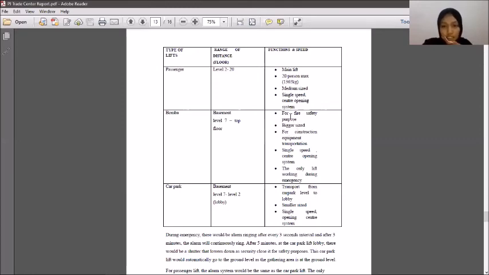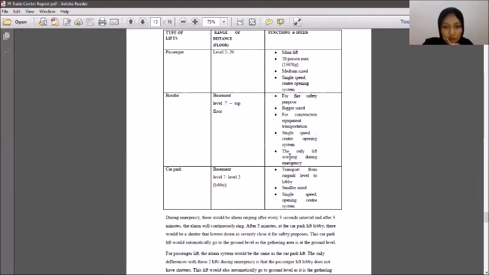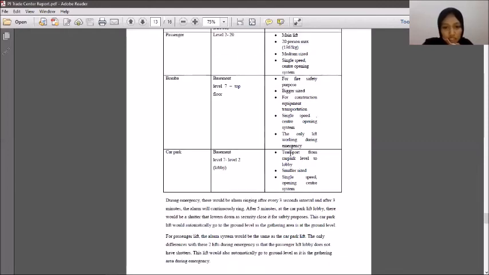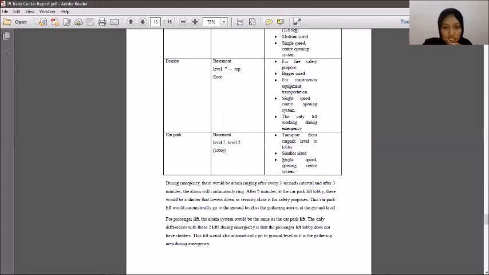It is for fire safety purposes, is bigger in size, and is used for construction equipment transportation. It is the only lift that works during an emergency. The car park lifts are located from level 7 basement until level 2 lobby. They transport people from car park level to lobby level, are smaller in size, and have a single speed and center opening system.